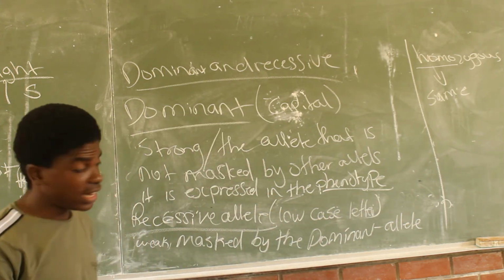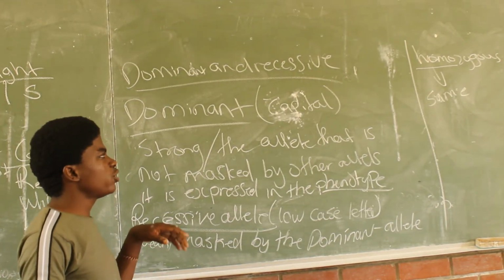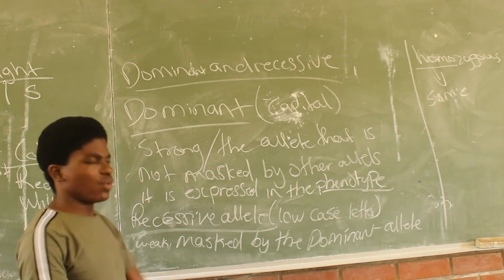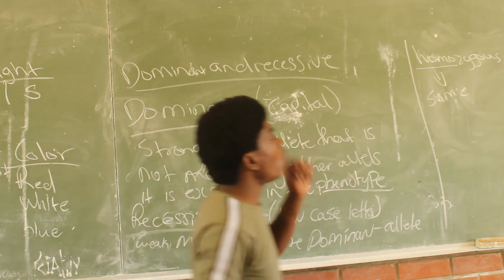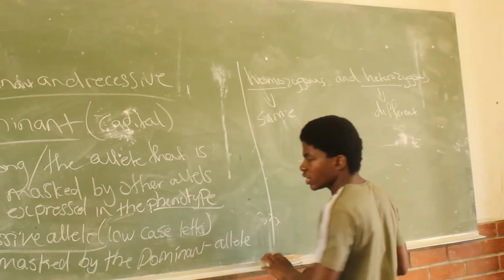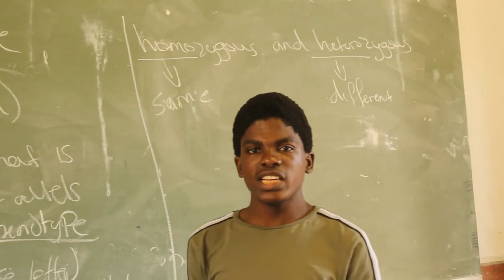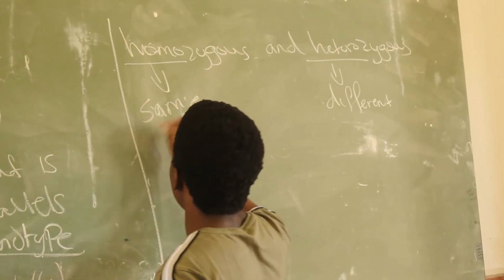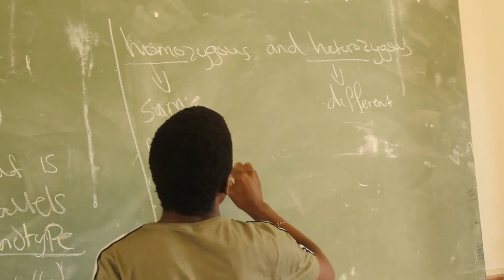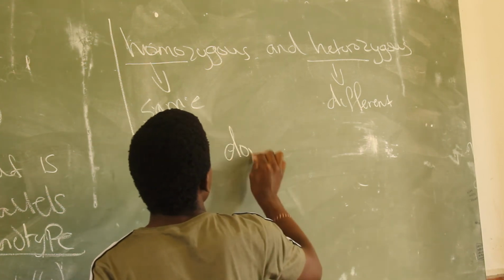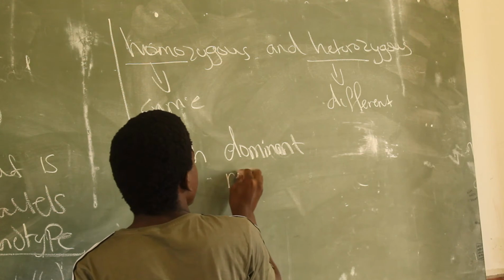What does that have to do with anything? When we talk about homozygous, it means the alleles are in the same state: both alleles are either dominant or both are recessive.